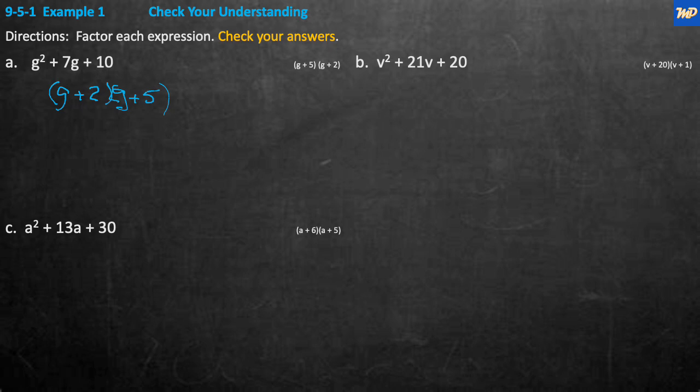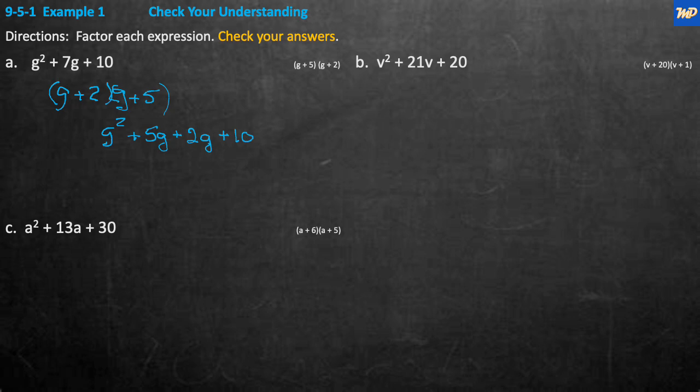We're going to do FOIL on this. g times g is g squared, plus outer, g times 5 is 5g, plus inner, 2 times g is 2g. 2 times 5 is 10.